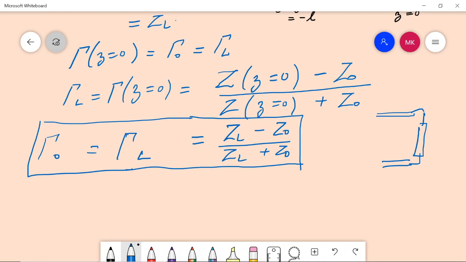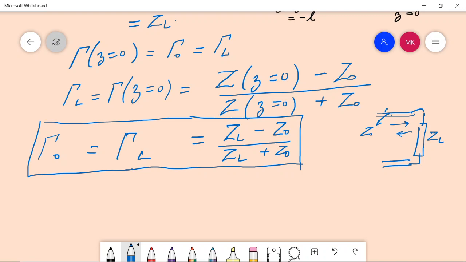The incident wave will come here, and part of it will be reflected back. The reflection coefficient due to this load at this point is given by ZL minus Z naught over ZL plus Z naught, where ZL is the load itself and Z naught is the characteristic impedance of the transmission line. You can find the reflection coefficient at this point.